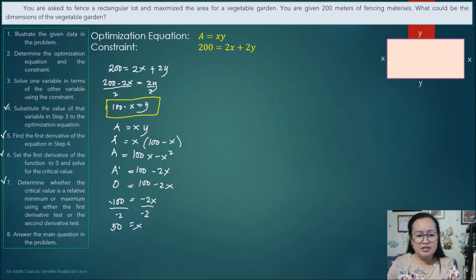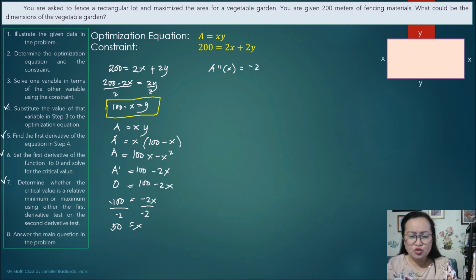Now let's see whether this critical value is a relative minimum or maximum. Let's use the second derivative test. If we get the second derivative, f double prime of x, we will have the derivative of 100 minus 2x, which would be negative 2.